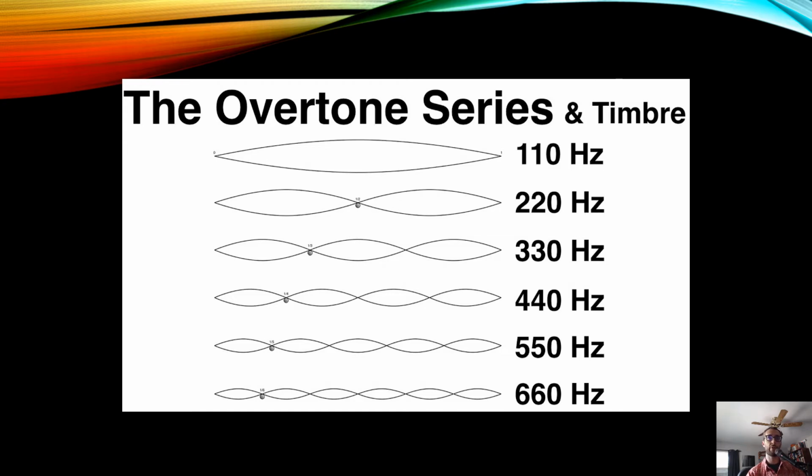And all of those could be played together, although after 110 hertz, you're going to have a really significant drop off in amplitude. And that would give you a very interesting timbre of that A, 110 hertz, with a very interesting way of hearing it based on which partials are occurring at which amplitude.